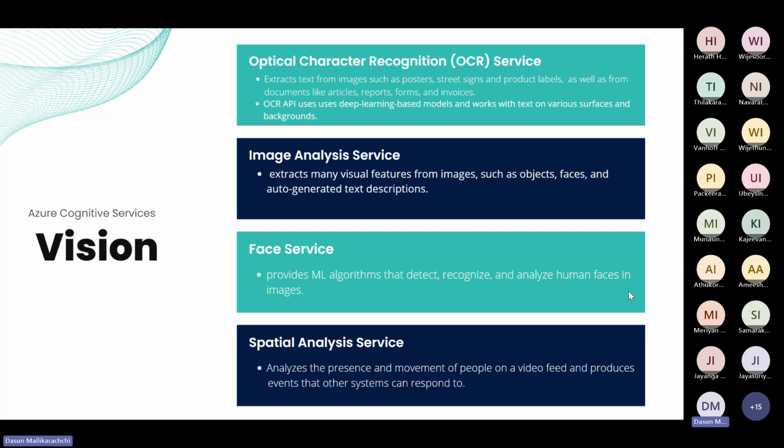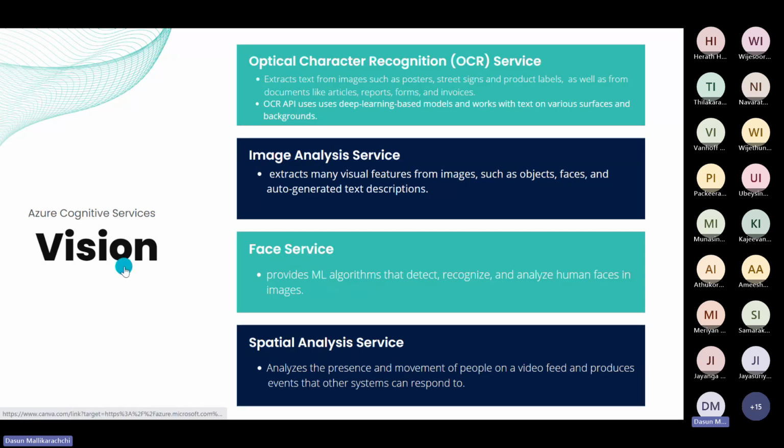Back in the COVID era, we were obsessed with social distancing, keeping 1 meter apart. So you can integrate this spatial analysis service into your applications or the video feed in your facility, and then you can track and monitor that social distancing is maintained.